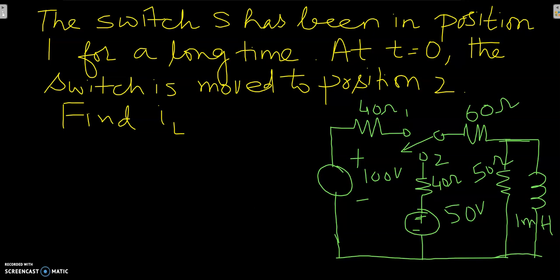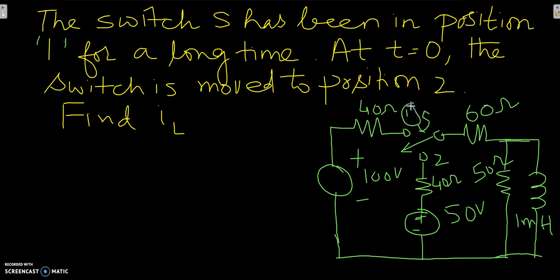In this lecture, we will try to look into one problem, and we have the circuit shown here. The question is: the switch S, a single pole double throw switch, has been in position 1 for a long time.